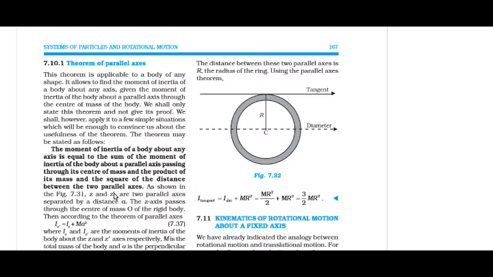As shown in figure 7.31, Z and Z dash are the two parallel axes separated by a distance a. The Z axis passes through the center of mass of the rigid body. Then according to the theorem of parallel axis, Iz dash is equal to Iz plus Ma square. So let us see the figure here.